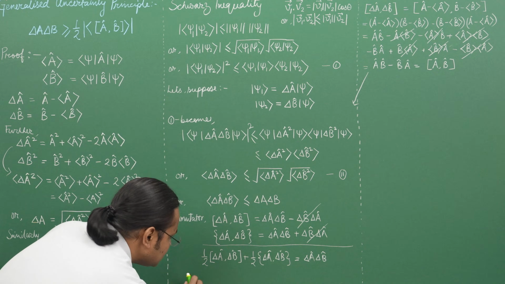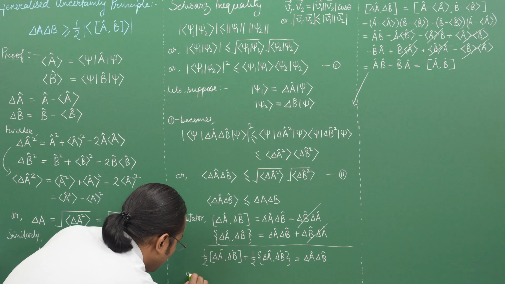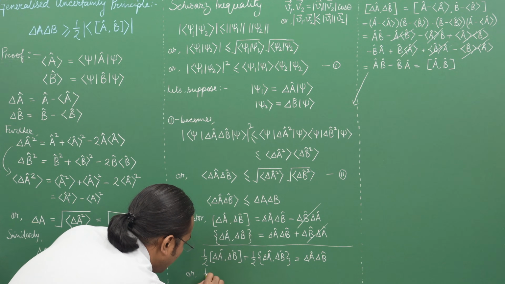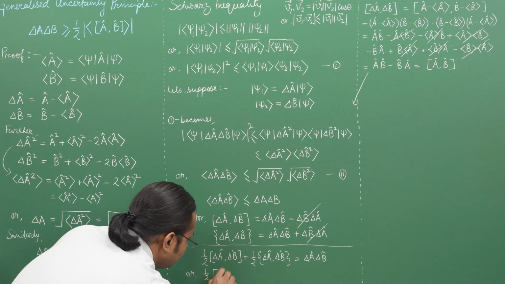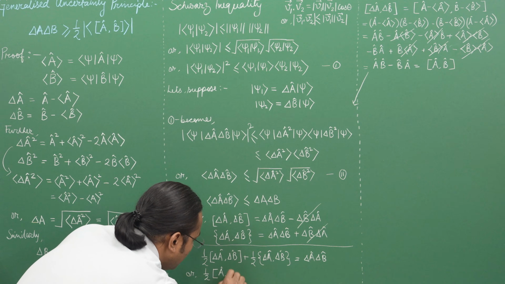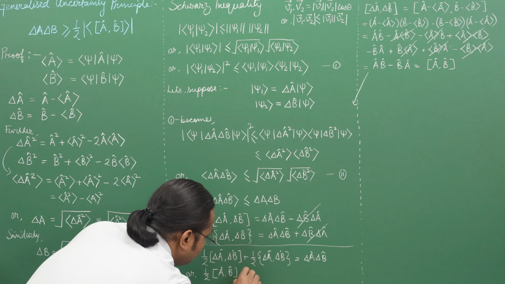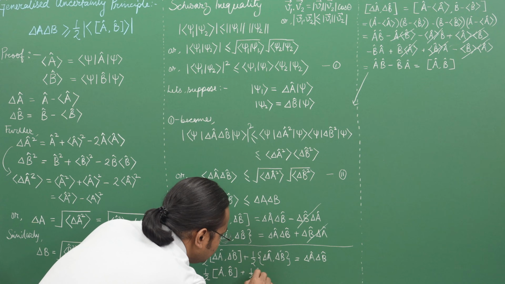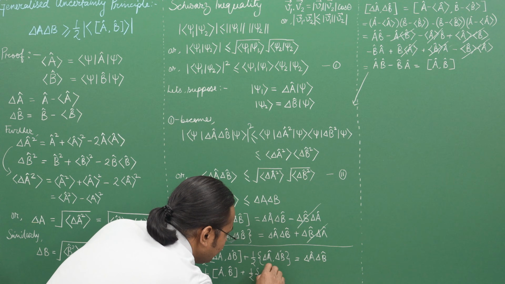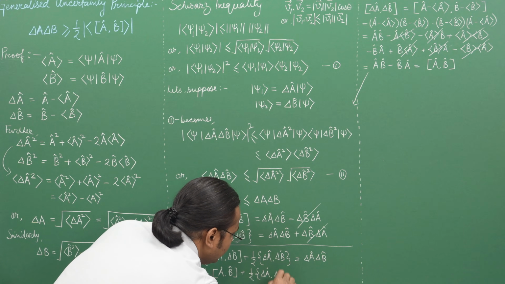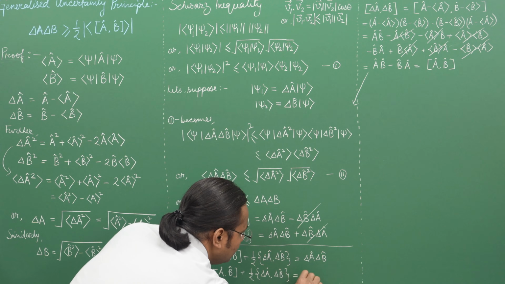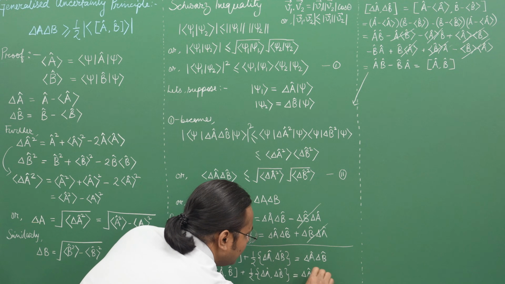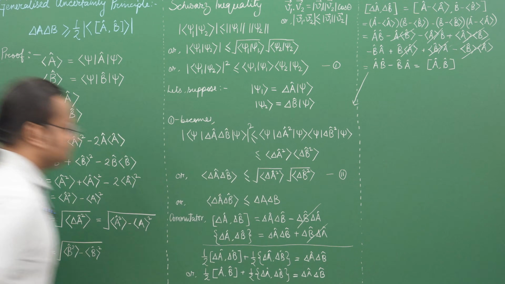Here I can write this expression further as half of the commutator of A comma B plus half of the anti-commutator of del A and del B is always equal to del A del B.